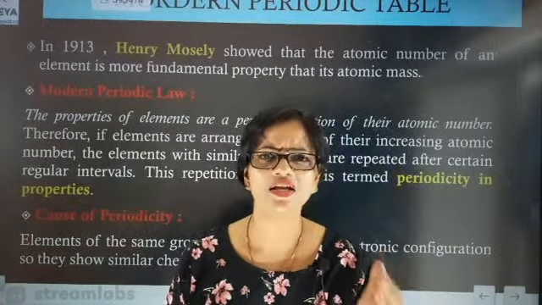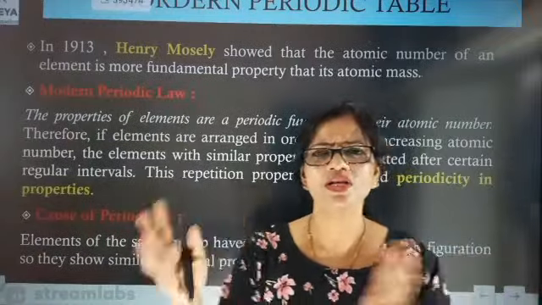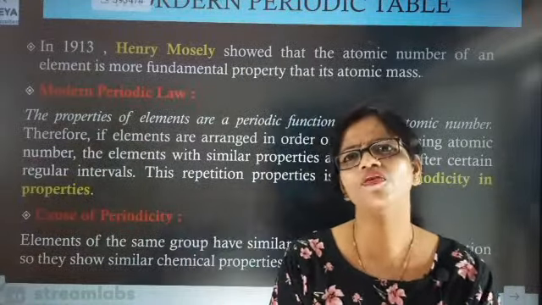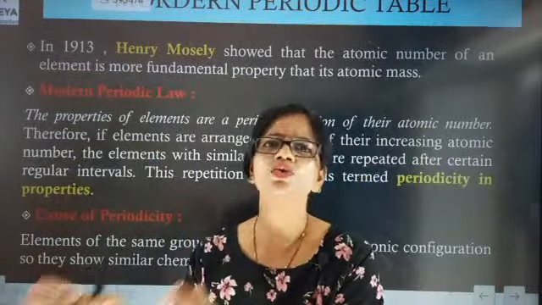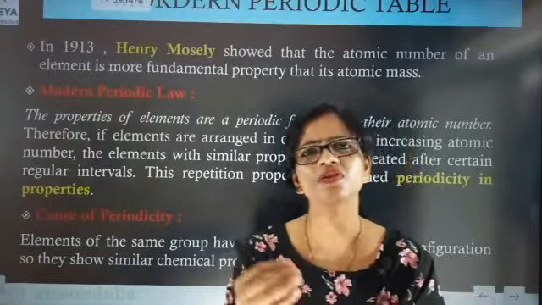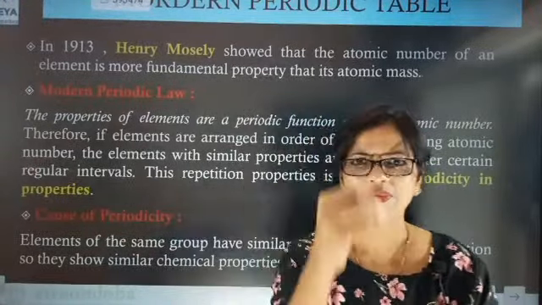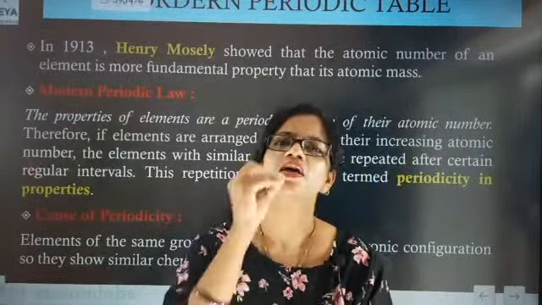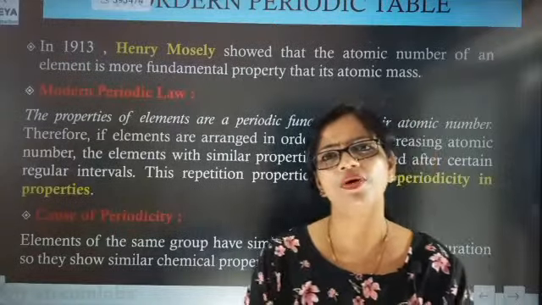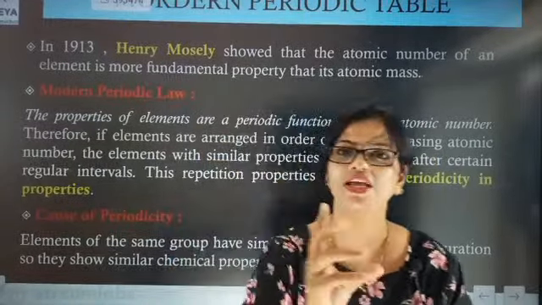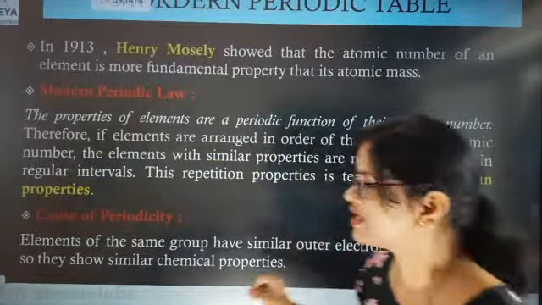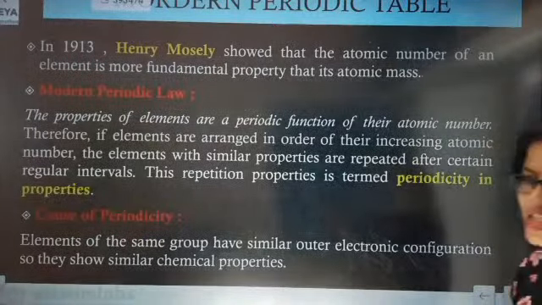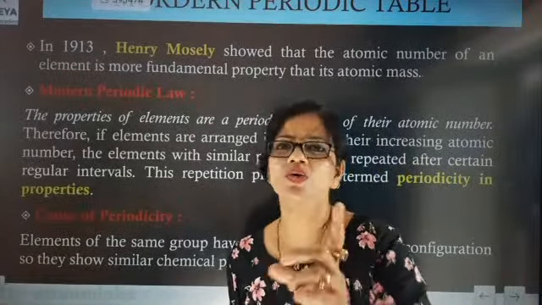So these properties are based on the tendency to lose or gain. It has nothing to do with the chemical properties. The chemical property in a particular group is the same, and that is what they are telling in the periodicity property. So that's why I specifically took my time to explain this.